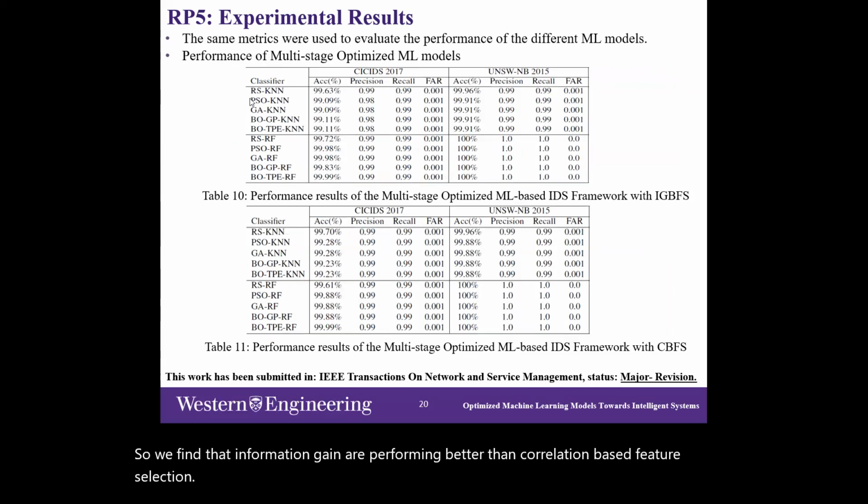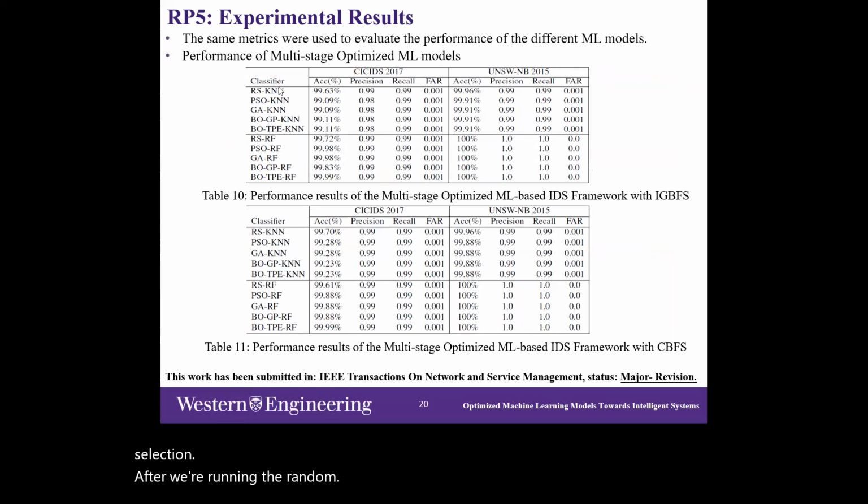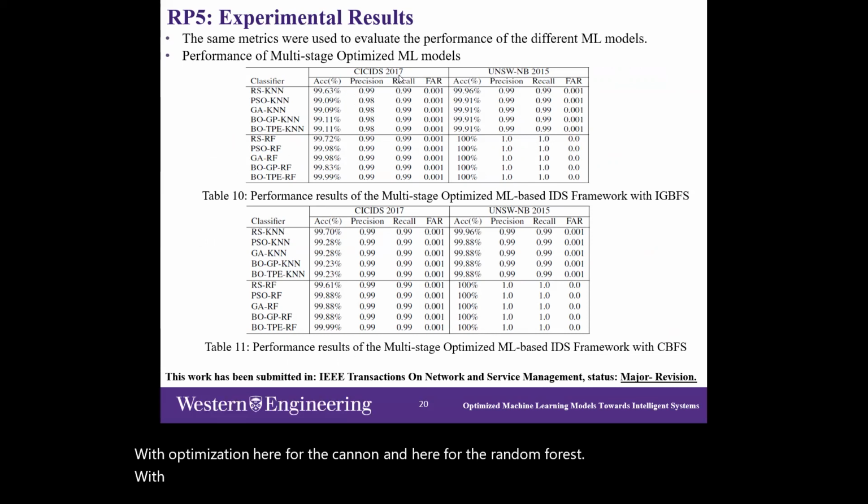After running the random forest, the KNN and the decision tree with optimization, here for the KNN and here for the random forest, with CICIDS 2017 and UNSW, here are the results that we gained.